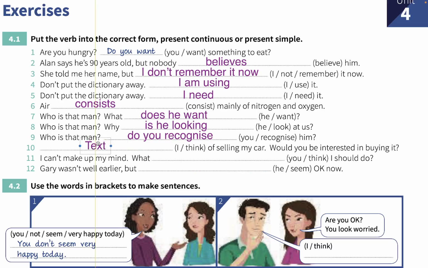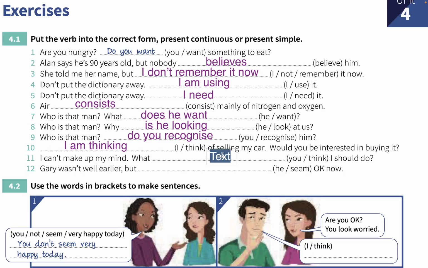Number 10. I am thinking of selling my car. Yes. I am thinking of selling my car. Number 11. Maybe Aiden or Steven or Riska.